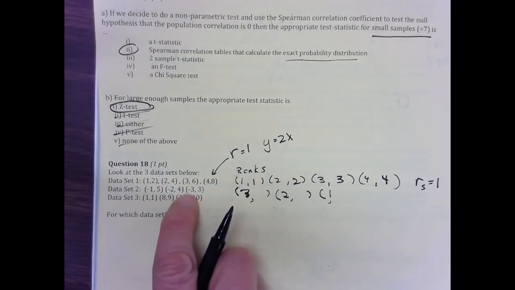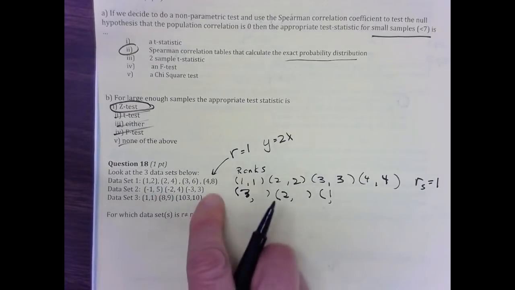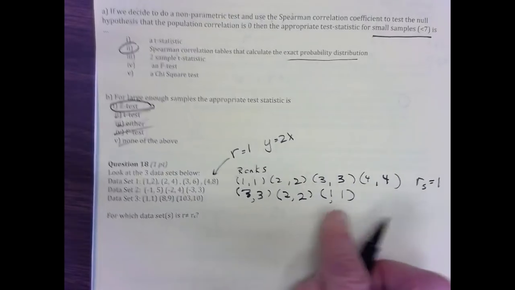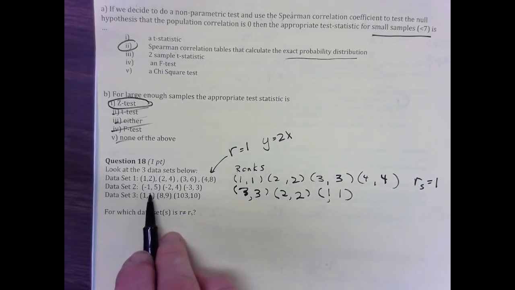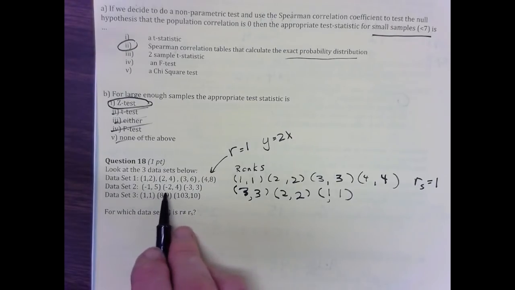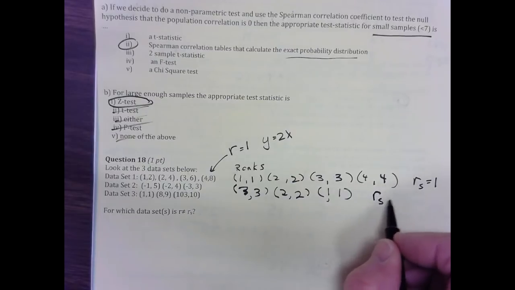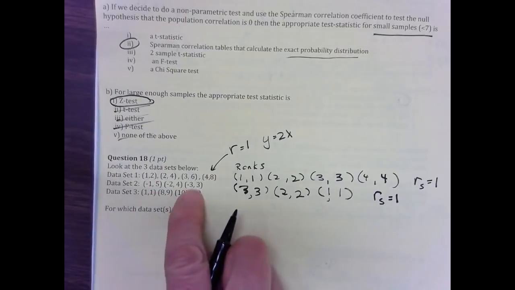When we put these into ranks, again, this is our biggest and that's our smallest, so it's 1, 2, and 3, right? Is that correct? Yep. So here, this RS is equal to 1.